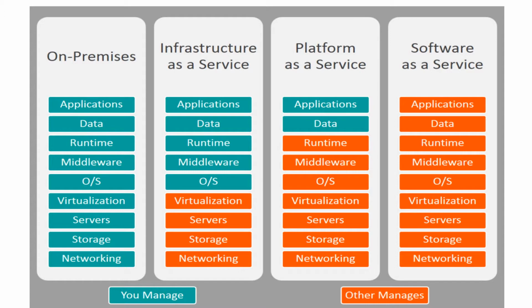In platform as a service, the service provider manages runtime, middleware, operating system, virtualization, servers, storage, and networking. And in software as a service, everything, applications, data, runtime, middleware, operating system, virtualization, servers, storage, and networking, are managed by the service providers.